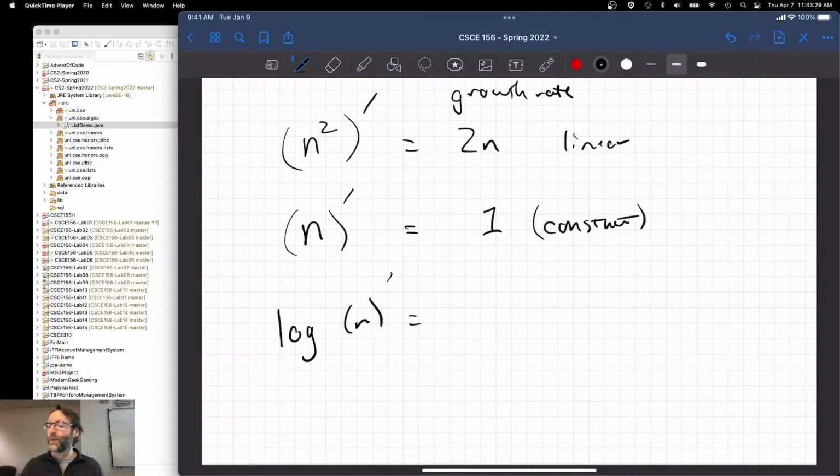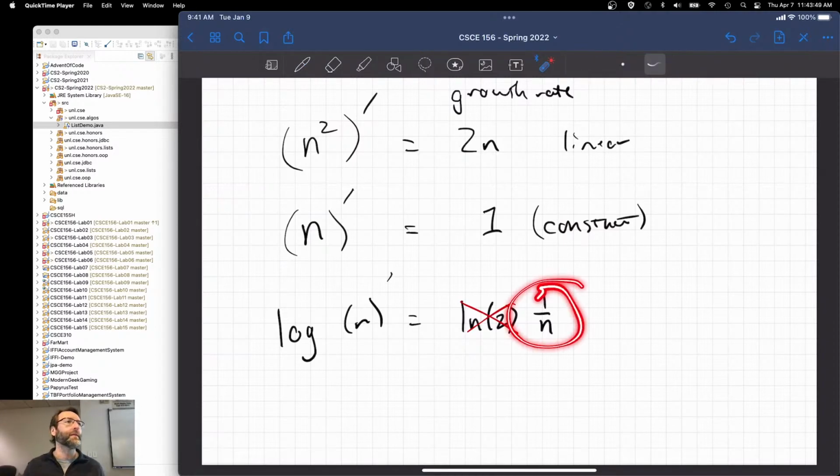Does anybody know? You change the base, so it's natural log of 2. That's just some constant, who cares? And then what? Divide by n, right? Again, ignore that constant out front and tell me about the growth rate of a log function. Is this constant right here? Nope.